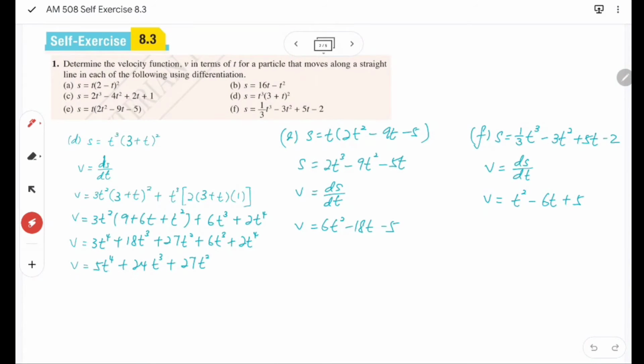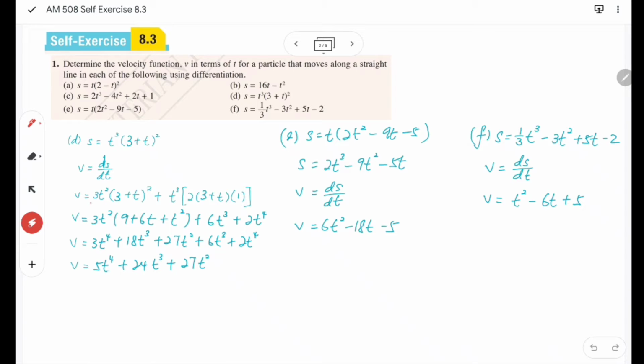D, s equals t cubed times (3 plus t) completely squared. So again, with this, I don't expand the bracket. I can use the product rule in differentiation.